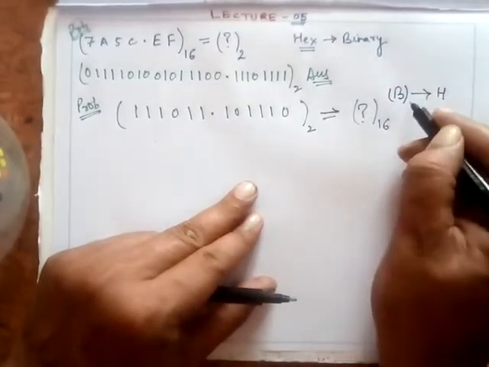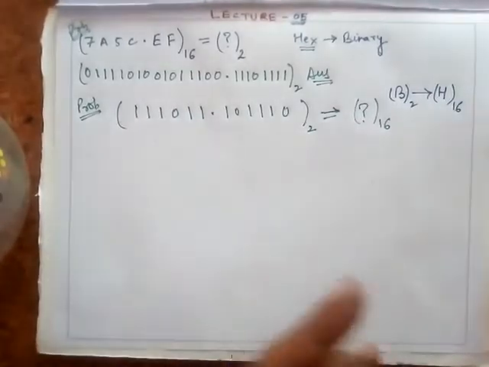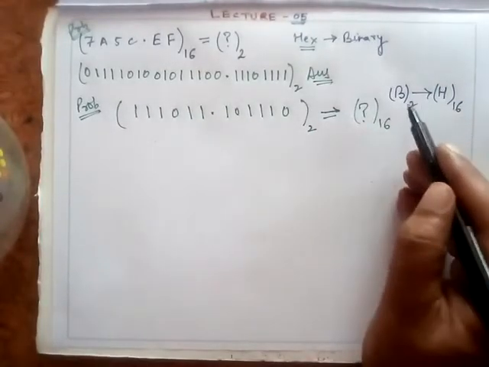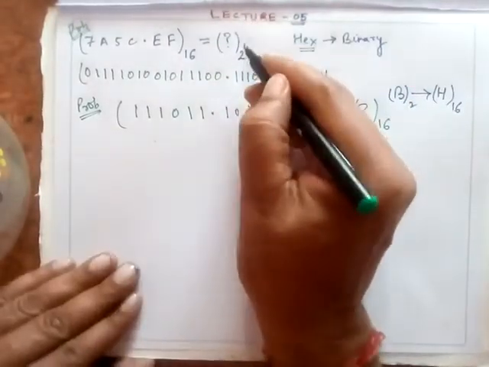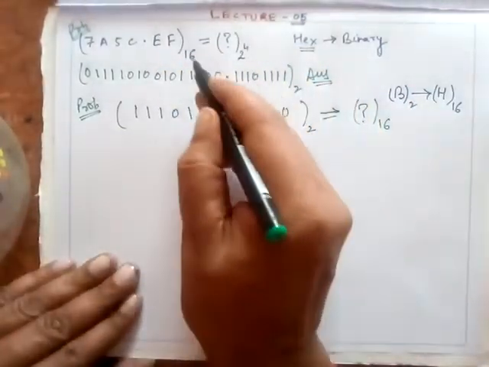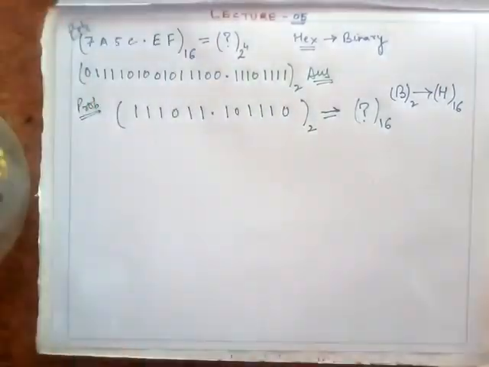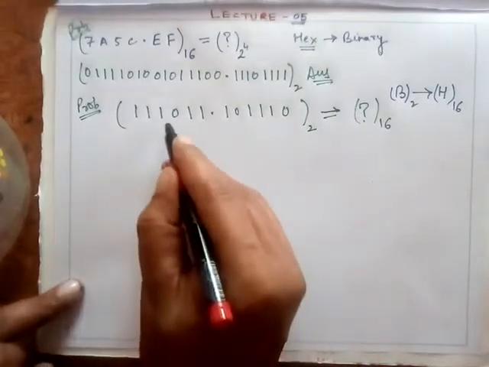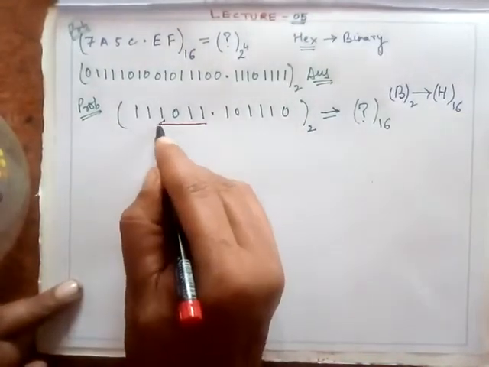Binary means I am writing only by B, and hexadecimal, base 2 and base 16. So 2 to the power 4, so I'll represent by 4 bits. You can see here also it is 2 to the power 4. So that's why I represent every digit by 4 bits. Now I'll make groups of 4 bits. In the integer part, I'll go from right to left.